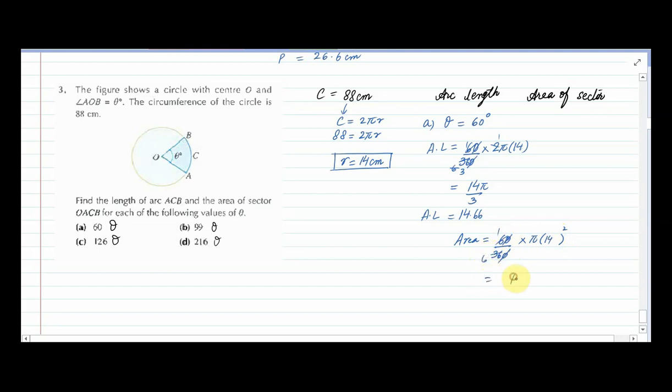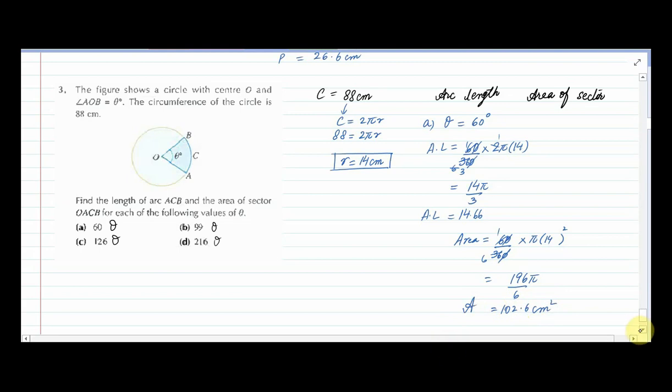So 196, that is square of 14, pi divided by 6. So if you solve it, 196 times 3.142 divided by 6 is 102.6 centimeter square. That is the area, right?